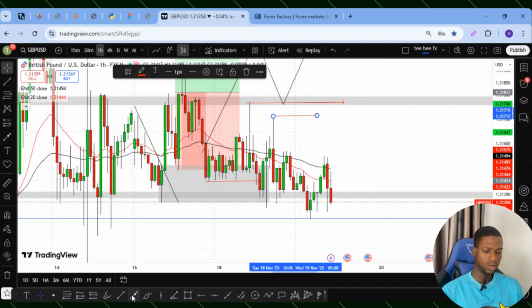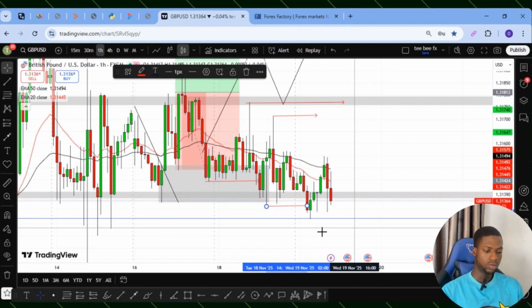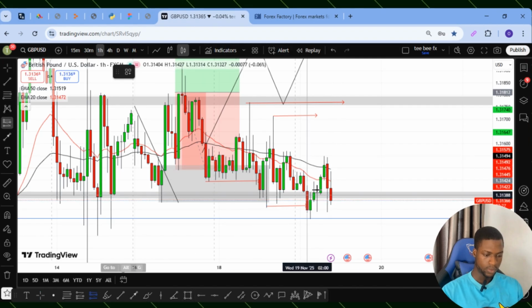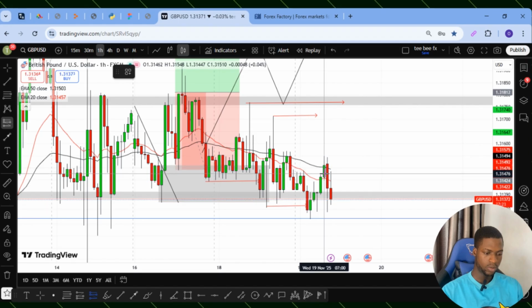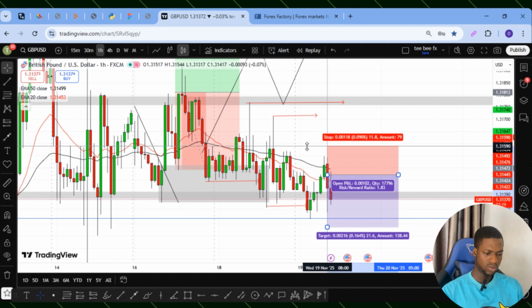So we eventually broke to the downside and formed a new low yesterday during the night, during the Asian session. After price broke to this new low and came back up, that was when I entered for a sell. So I entered for a sell here, and my stop loss was around 10 pips.